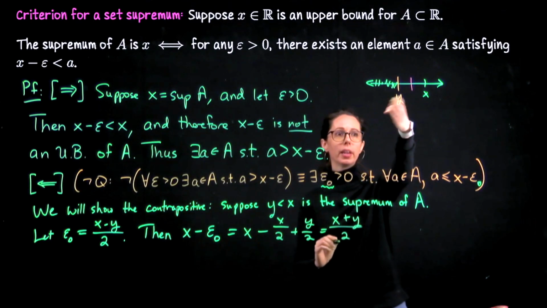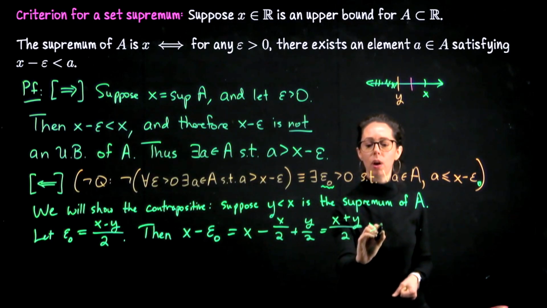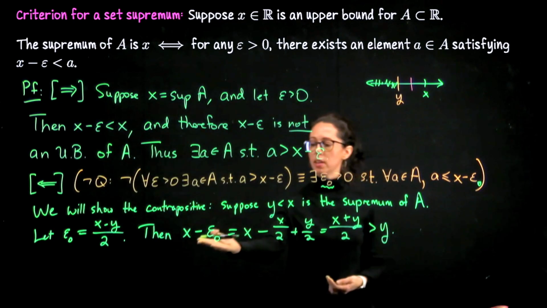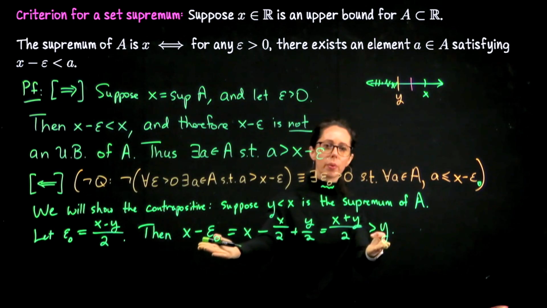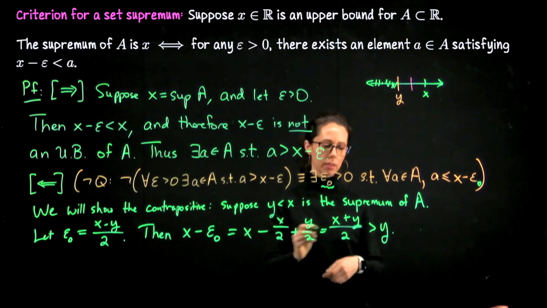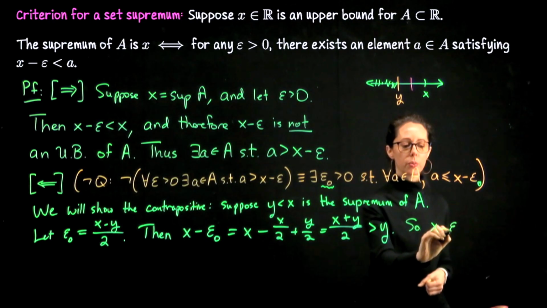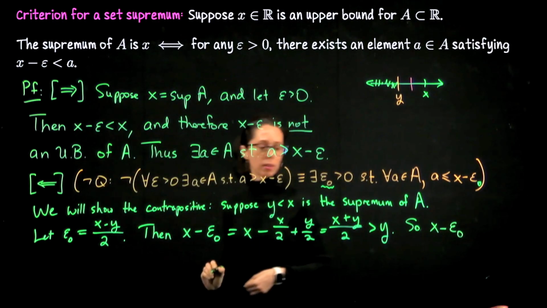That's the midpoint between x and y, and that is greater than y. Therefore, this number being bigger than y is also an upper bound because y is the least upper bound. So x minus this choice we made is also an upper bound.